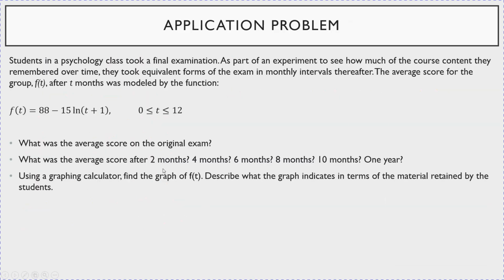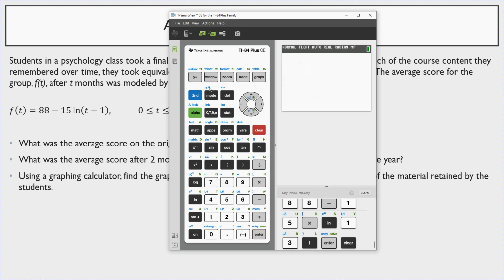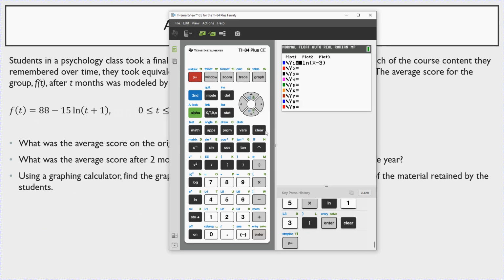So the next question says, using a graphing calculator, find the graph of f of t. Describe what the graph indicates in terms of material retained by students. So let's sketch this graph. It's 88 minus 15 times the natural log of x plus 1.